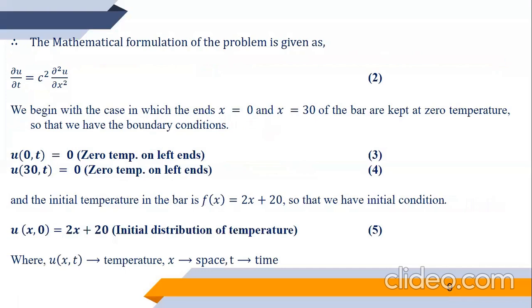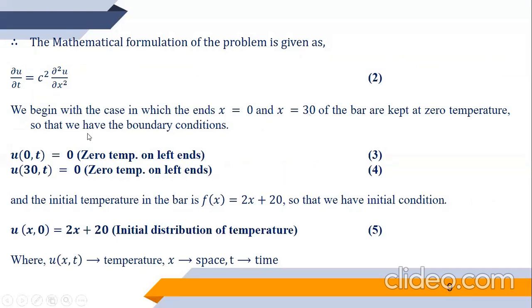So in a whole, the mathematical modeling of the given problem is: we use the one dimension heat equation. Here both ends, starting from X is 0 to X is 30, are kept at 0 temperature.